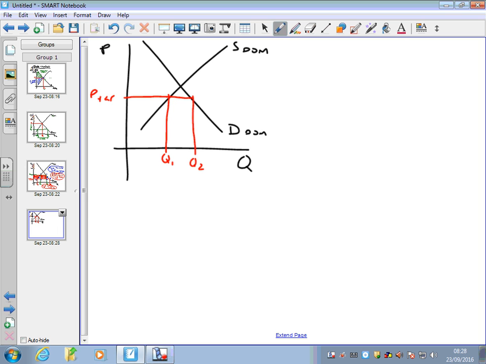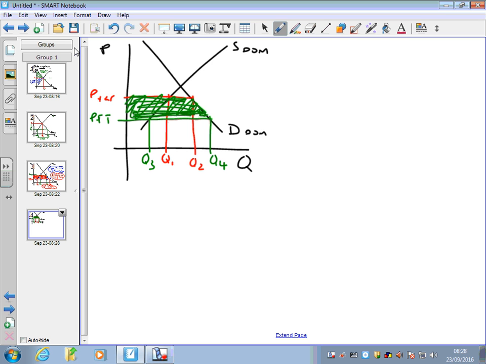So again, Q1 to Q2 will be the imports coming in. And then you've got your price FT, let's call that free trade. So Q3, Q4. So when you think about it then, the big gain for consumers is all of this. So if you're a consumer, you're loving it. That is your expansion in consumer surplus.